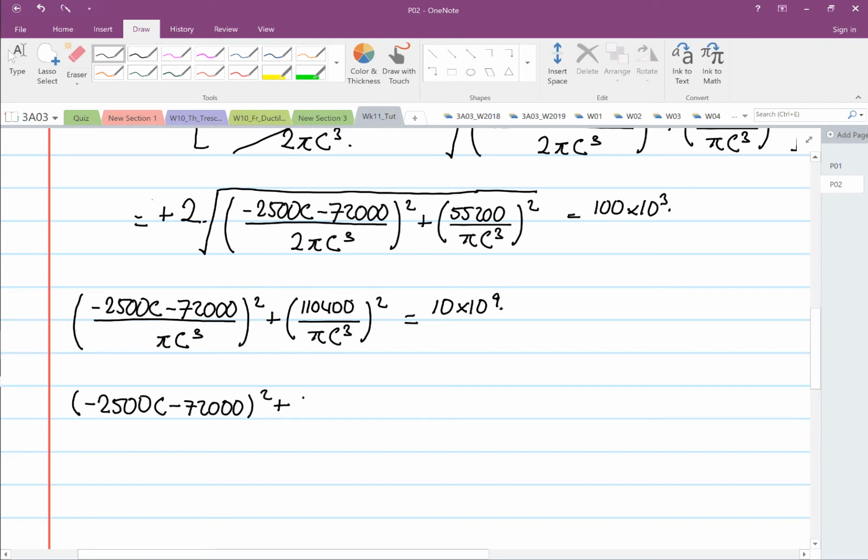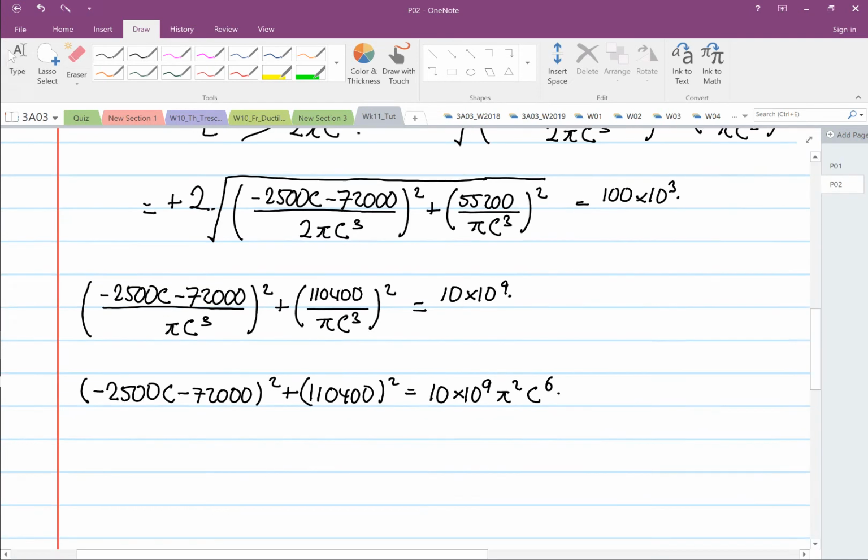Plus by 110400 squared. So this is 10 times 10 to the power 9 pi squared c to the power 6. Then we rearrange the term, or we expand everything.